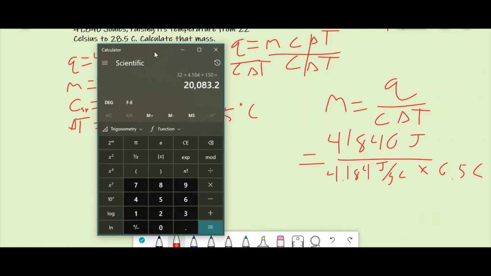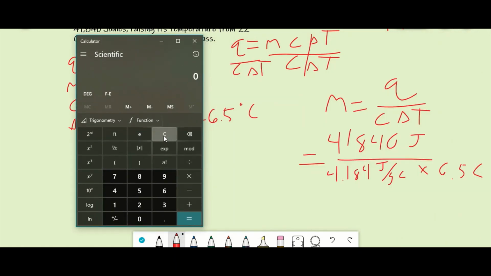So let's take out this calculator right here. The easiest way is to put 41,840 divided by, and now we can put this in parentheses because this stuff is in the denominator, so it needs to be done first. So it's 4.184 times 6.5. I'm going to close that parentheses.